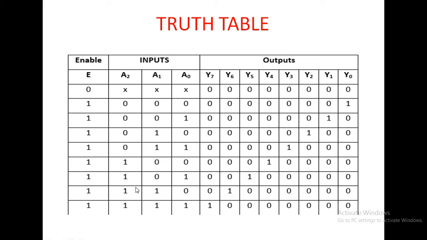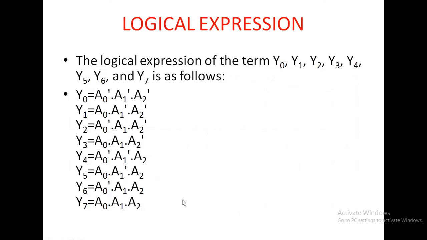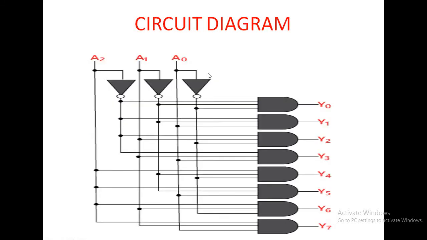Y6 is equal to A2, A1, A0 prime. And Y7 is equal to A2, A1 and A0. Okay, so this is the logical expression of the 3 to 8 line decoder. From this logical expression, I will draw the circuit diagram. Okay, so this is the circuit diagram of the 3 to 8 line decoder.